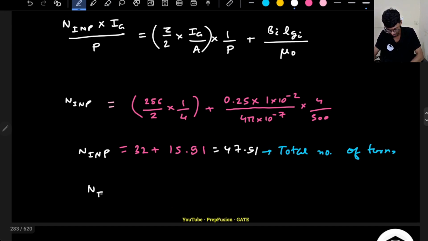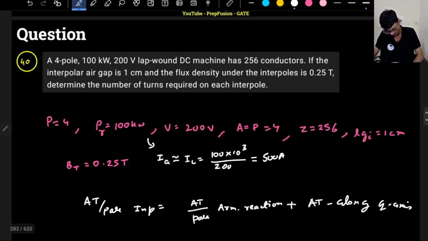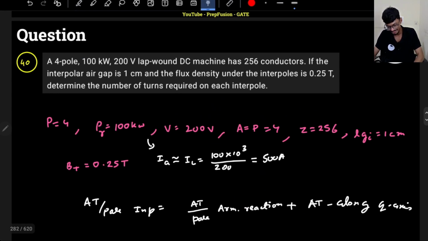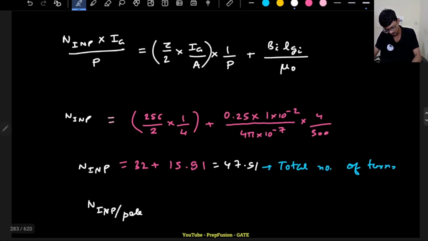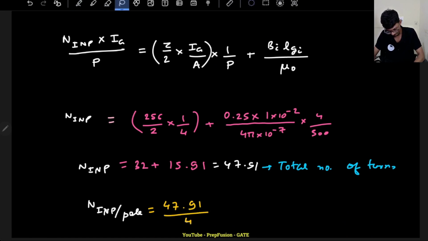So what will be the per pole? So interpole turns per pole, right? Because they have asked the per pole turns in each interpole. So basically I have to divide this 47.91 by 4.